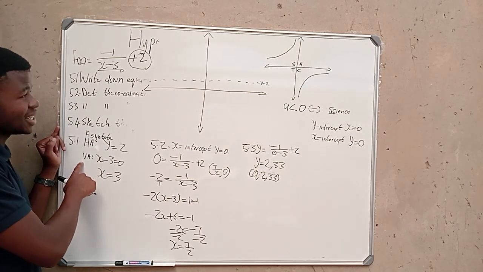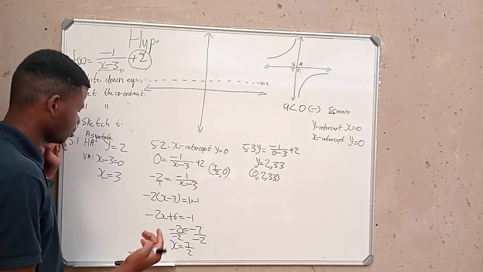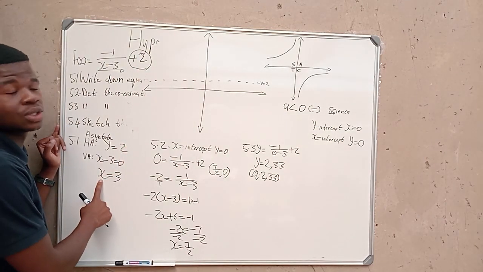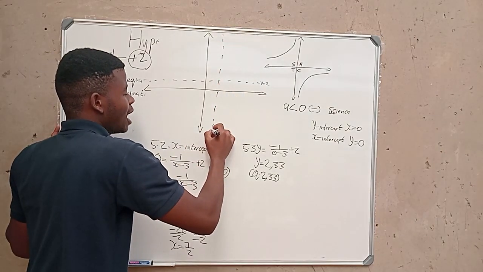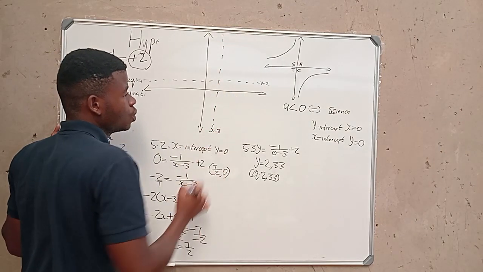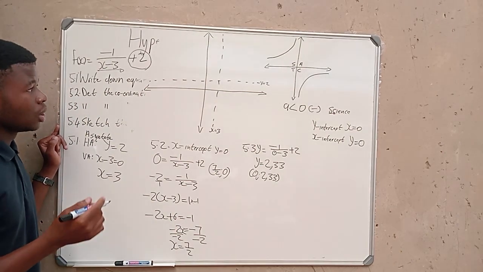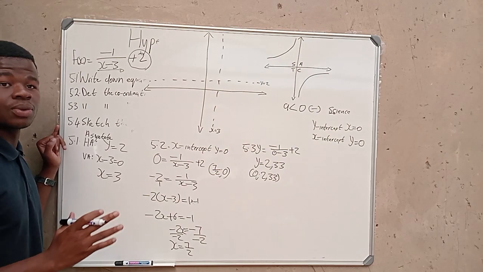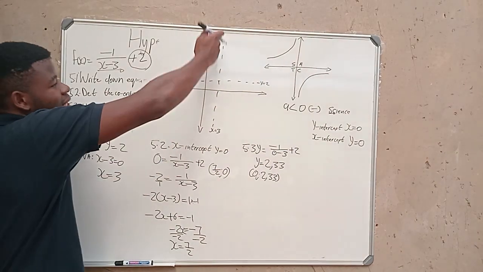And then for the vertical asymptote, x is equal to 3. You understand? Vertical, x is equal to 3, right? And then we are done with your asymptotes. Do you see these asymptotes?